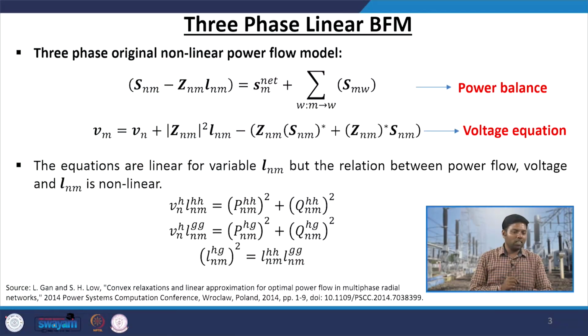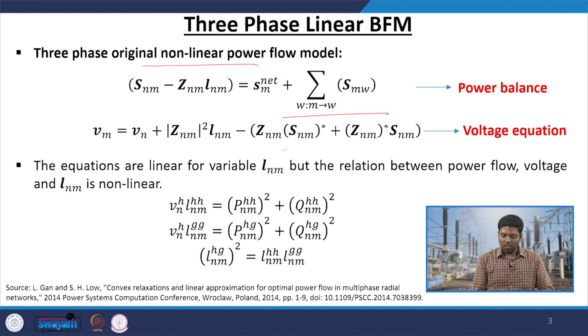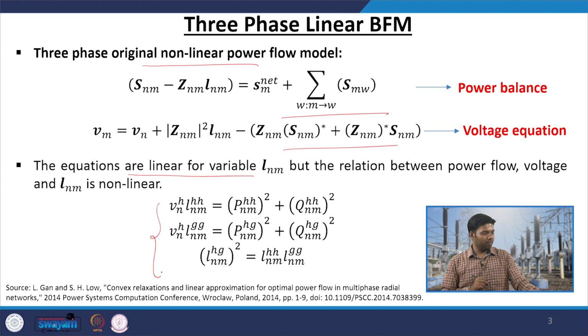So, in this lecture we will see how you can linearize the branch flow model for a 3-phase unbalanced distribution network. We will start with the 3-phase original nonlinear power flow model that we know. This is your power balance equation, this is your voltage equation, and you have a relationship equation between voltage, current and power.